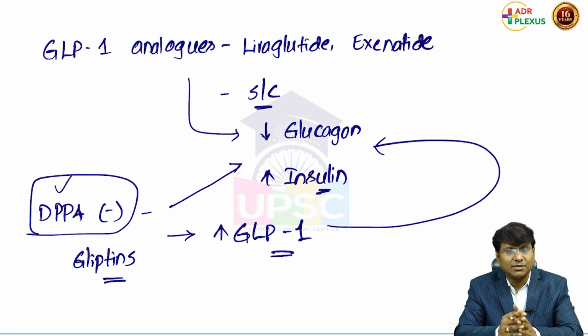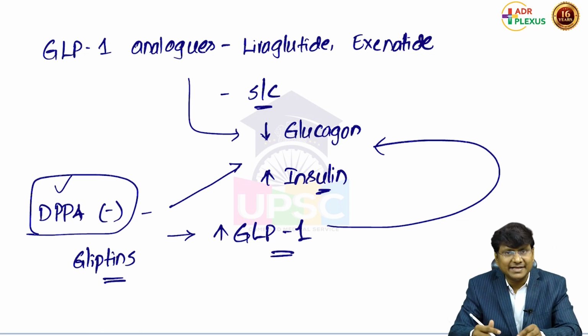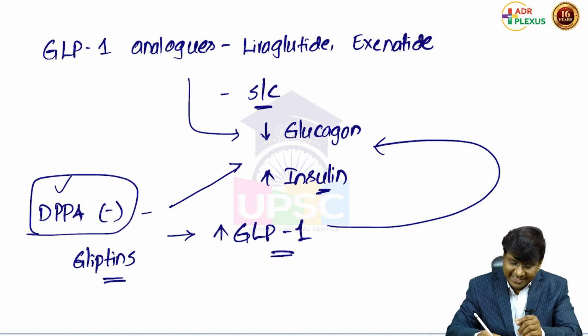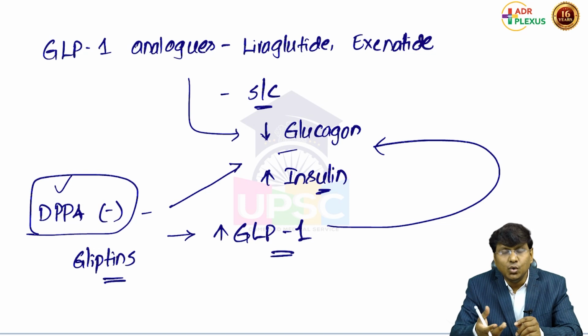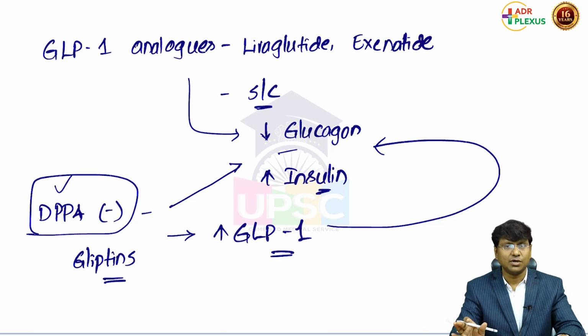Once insulin levels increase, glucose is reduced, and once glucagon decreases, gluconeogenesis is reduced. So that is the effect of insulin as well as glucagon, right?